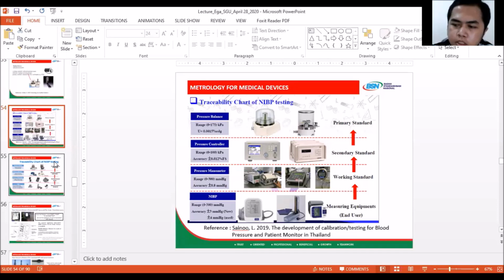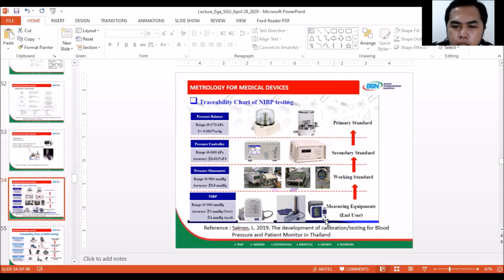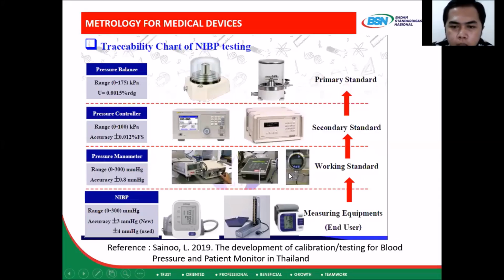Yes, Mr. Dedi is right. He explained the answer very well. This is what we call the traceability chain. So as the end user, if you are in the hospital, you just need to calibrate your equipment to the working standard only, at the calibration laboratory or similar.